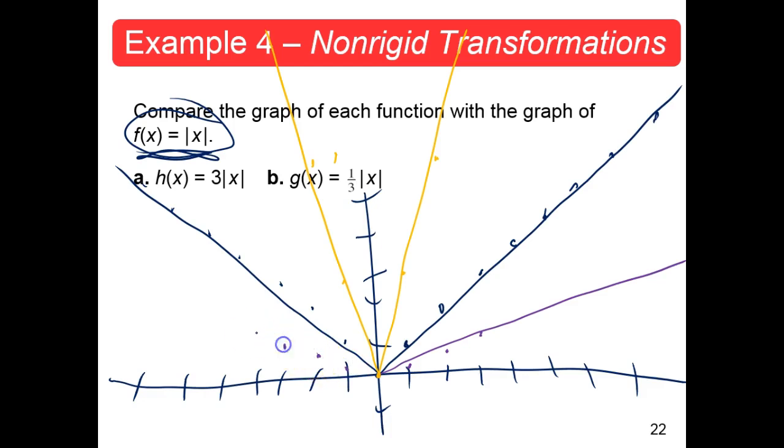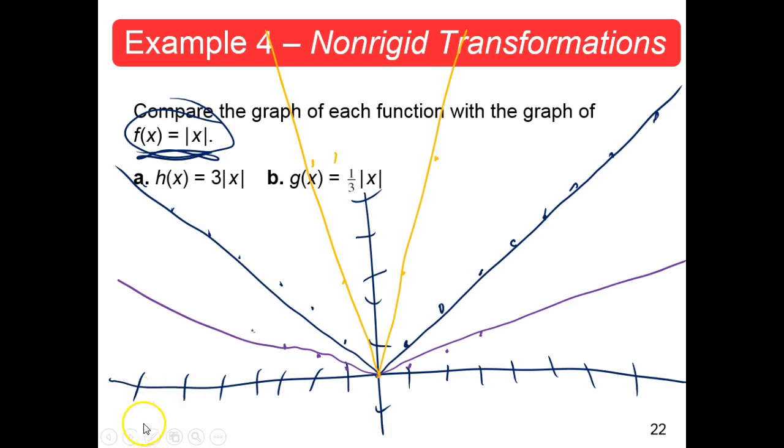So it keeps going like that. Something like that. I can't draw very well. You shrunk it vertically. Okay, make sense? Yay or nay? Okay. All right. Yay.